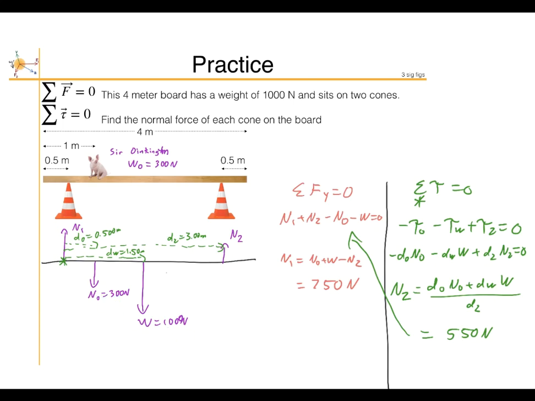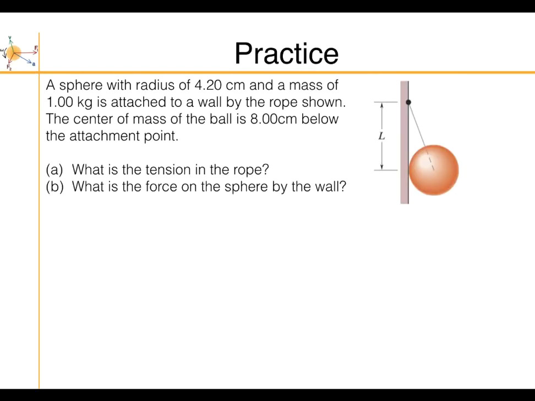In this problem, we have a sphere of radius 4.2 centimeters and a mass of 1 kilogram attached to a wall by a rope, as shown. The center of mass of the ball is 8 centimeters below the attachment point, so this here is 8 centimeters.